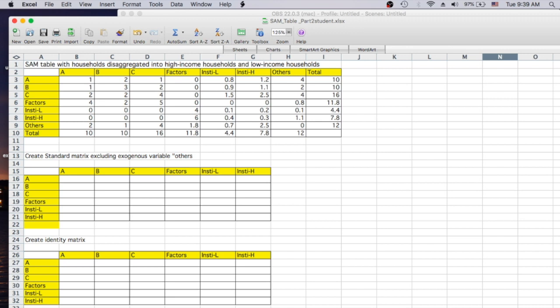So here we'll showcase how the household decomposition technique can be used in the social accounting matrices. There are many different ways of disaggregating households.